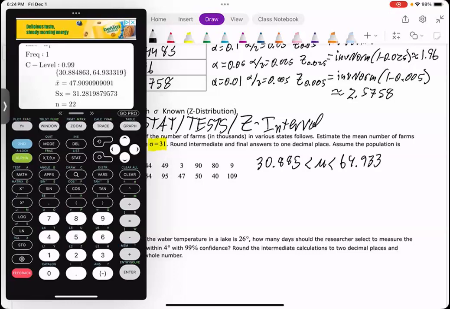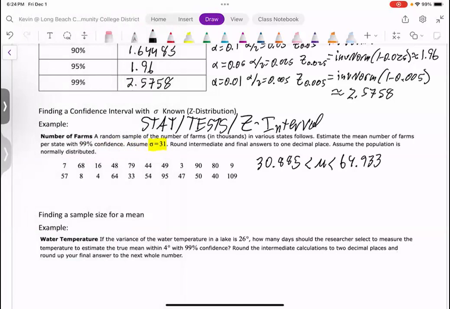And these are in thousands, numbers of farms in various states. So we can be 99% confident that the true mean is between 30,885 farms in a state and 64,933. Now, I know you see a decimal there, but just remember all these things are in thousands as we're looking at this. And to be clear, this is the final answer right here.